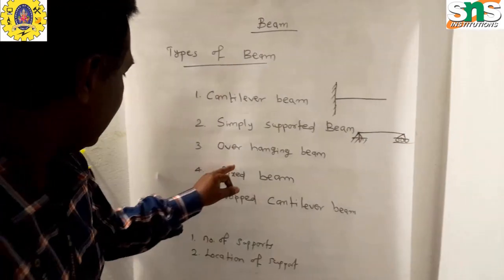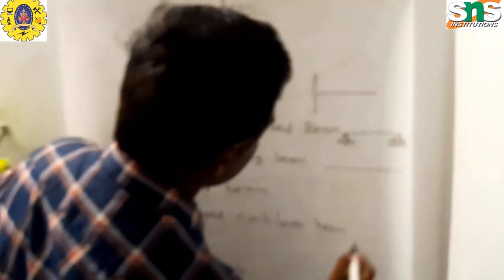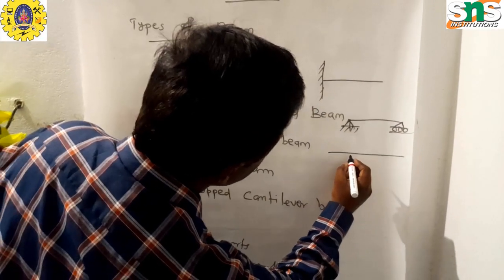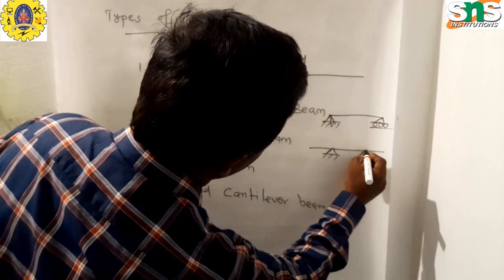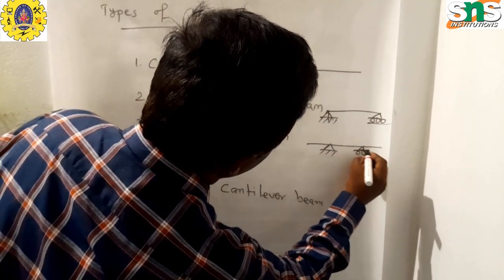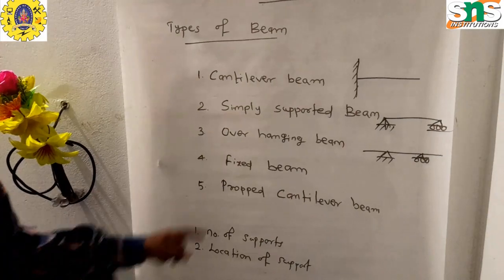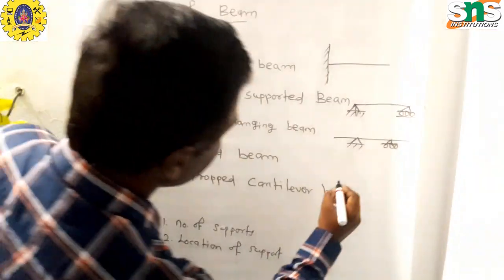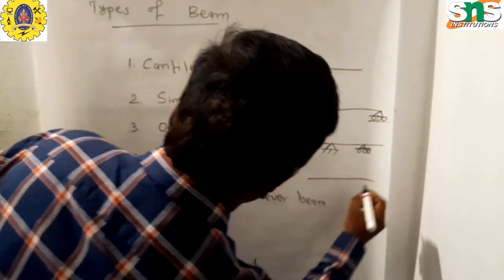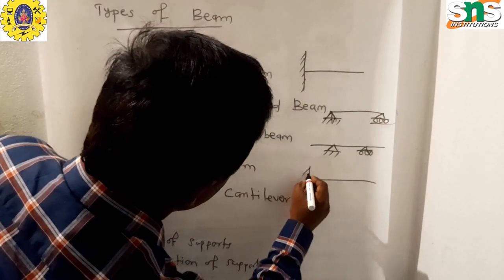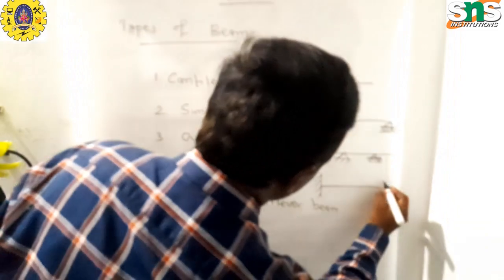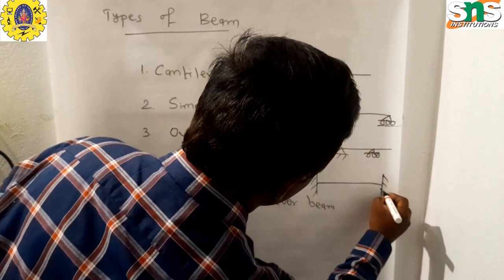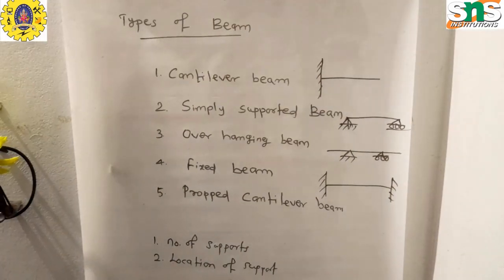Okay, and in an overhanging beam, the supports will be in between, hinged and roller, or hinged and hinged. In a fixed beam, one end of the beam is a fixed support, and the other end is also a fixed support.